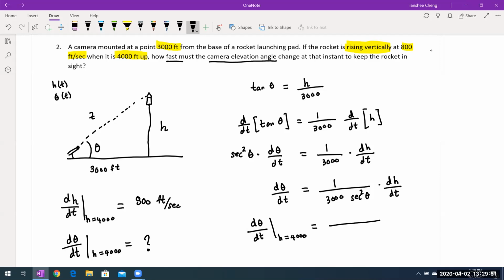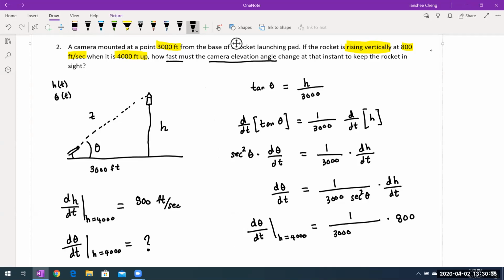At 4,000 feet, I know that the rate of change in height with respect to time, dh/dt, is 800 feet per second. So I have no problem getting that quickly. However, we are missing sec² θ. Whenever we have a missing value along the way, we can always go back to the left-hand side column and find or manipulate something that we need.